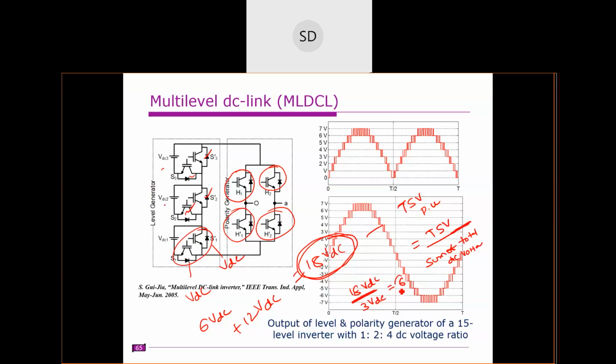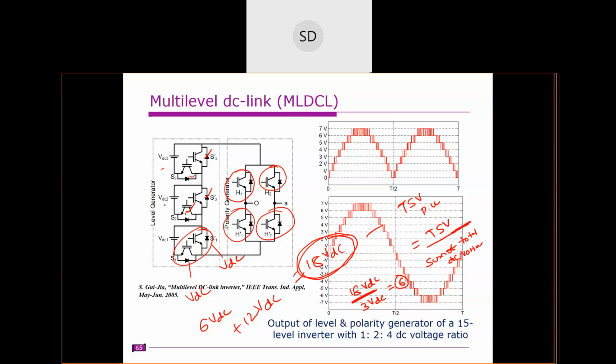So 18 VDC by 3 VDC, so 6 is its total standing voltage in per unit form. Clear? Hope it's clear.